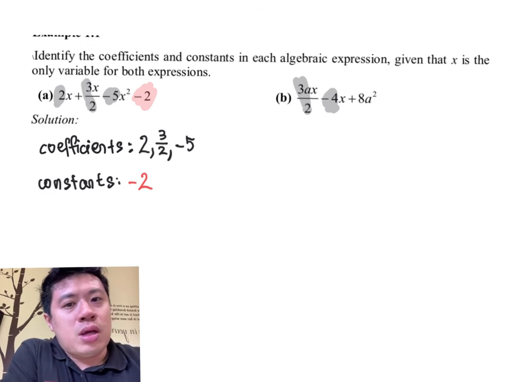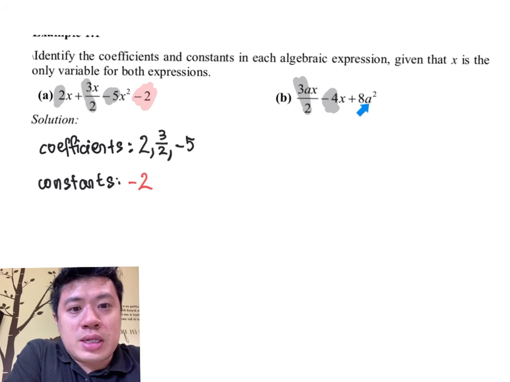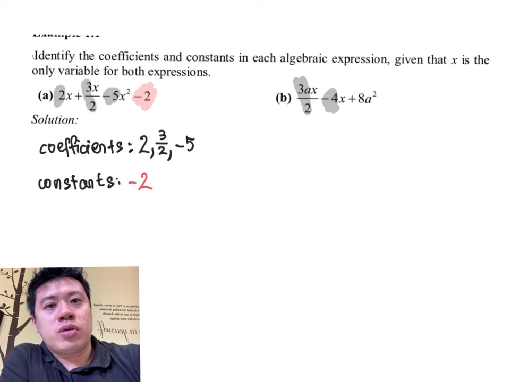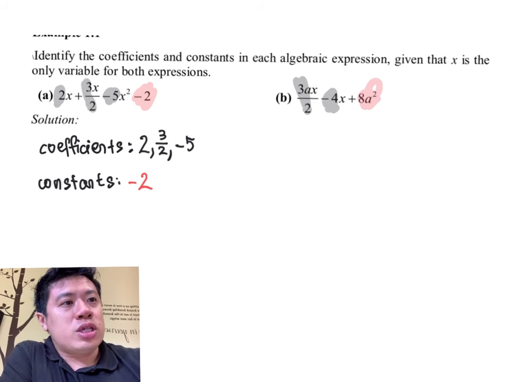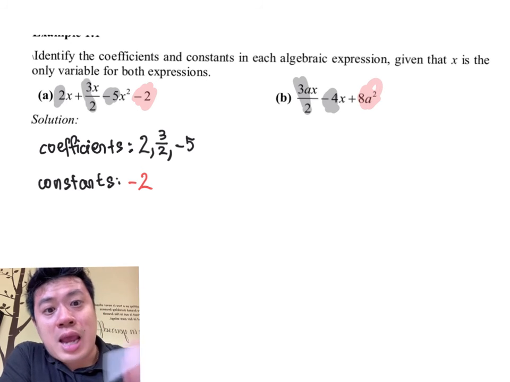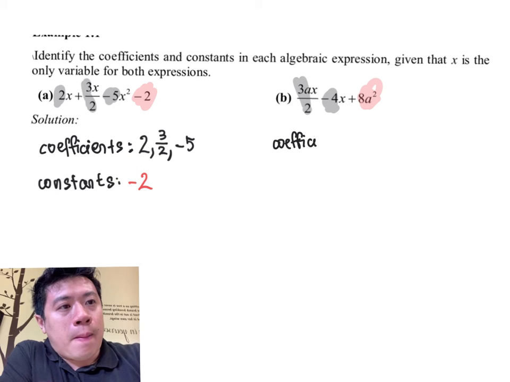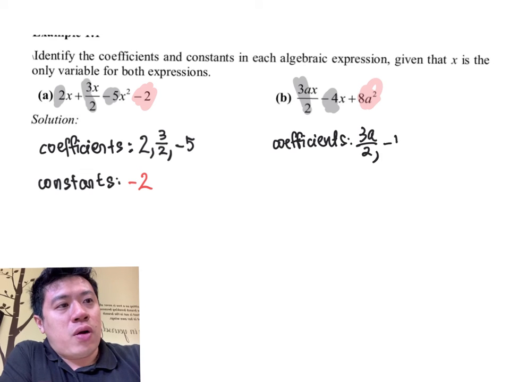And the third term here, you can see that there's no x inside. So this is actually a constant. The one shaded in red here is a constant because you do not see any x inside. So from here, our coefficients are none other than 3a over 2 and negative 4.